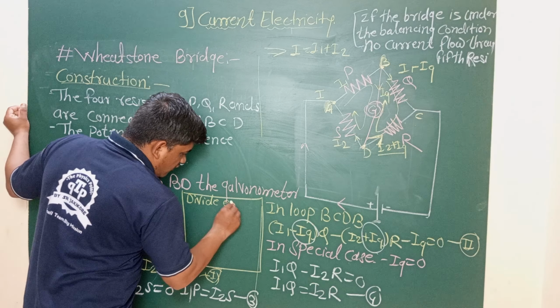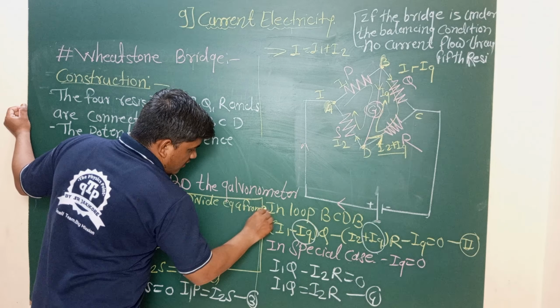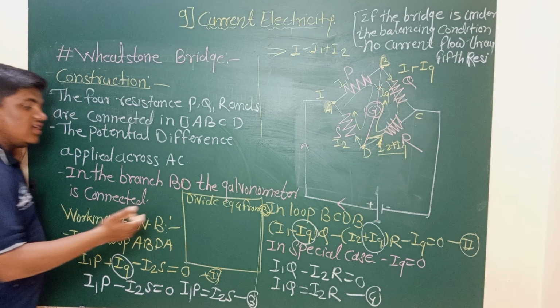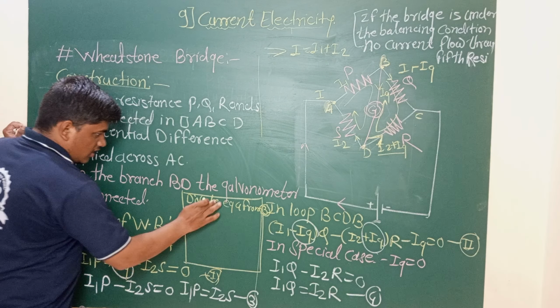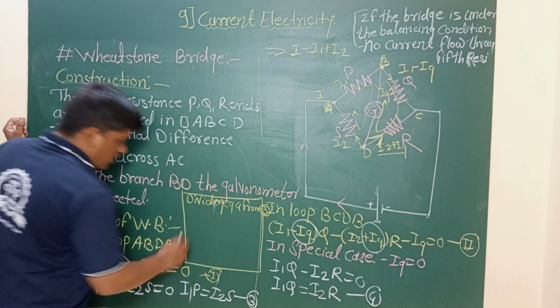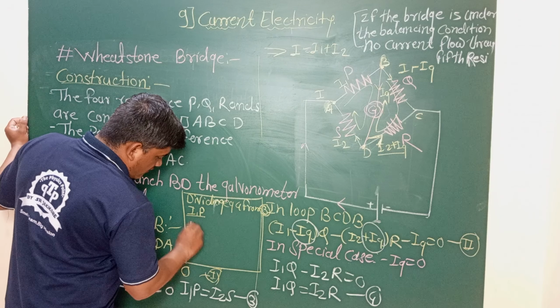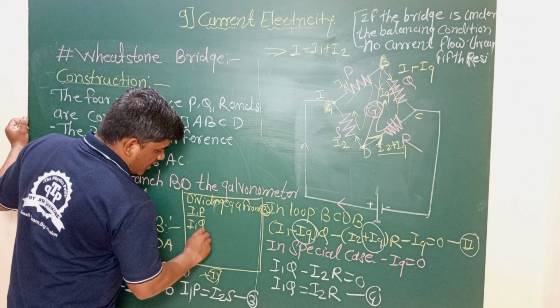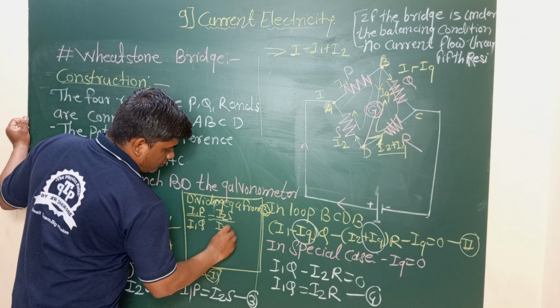Divide equation 4 from equation 3, or divide equation 3 by equation 4. Dividing, we get I1 P upon I1 into Q, that must be equal to I2 into S upon I2 into R.